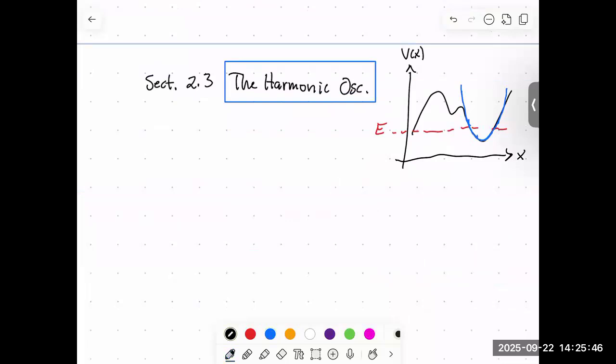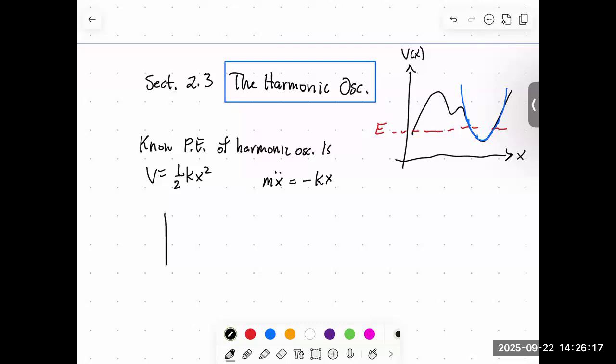Okay, so we know the potential energy of a harmonic oscillator is V equals 1/2 kx squared. Now if you think about the force, ma, I could write as m x double dot is equal to minus kx if I had, say, a mass on a spring.